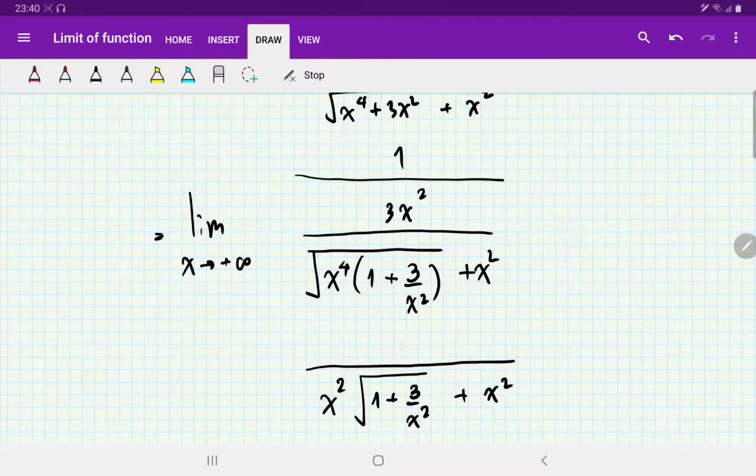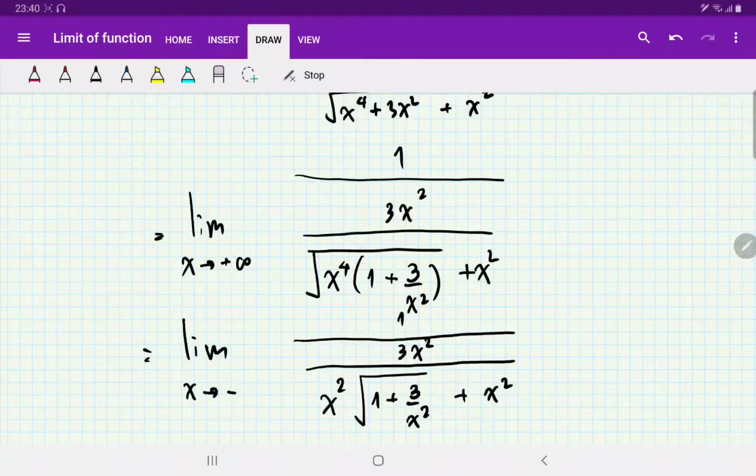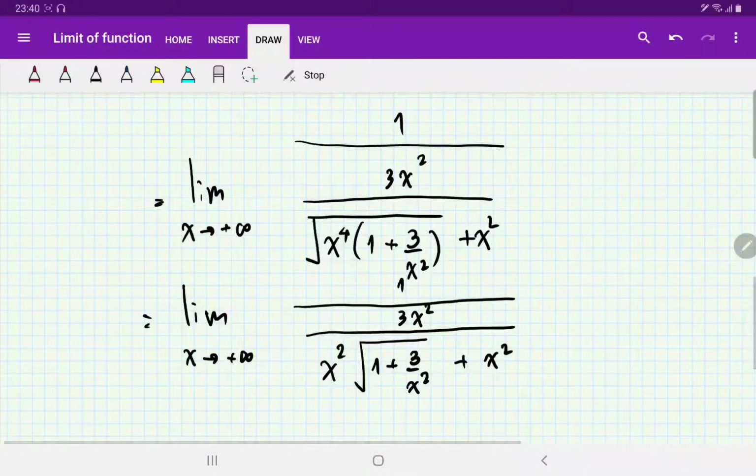The numerator is just 3x squared and 1. So now we take the limit again, as x approaches plus infinity. We can cancel out x squared from this term and this term. Now we only have 1 as the numerator, and the fraction is 3 divided by the square root of 1 plus 3 over x squared, plus 1.